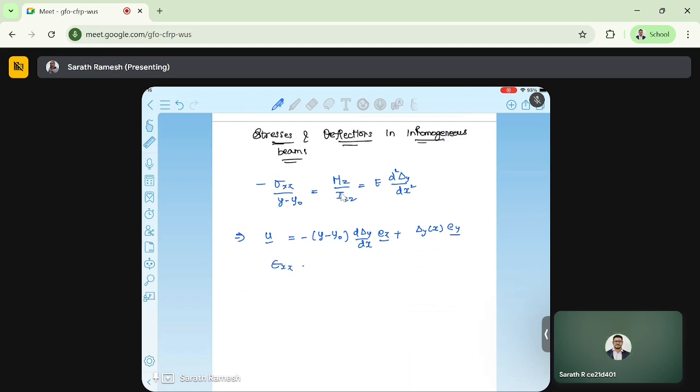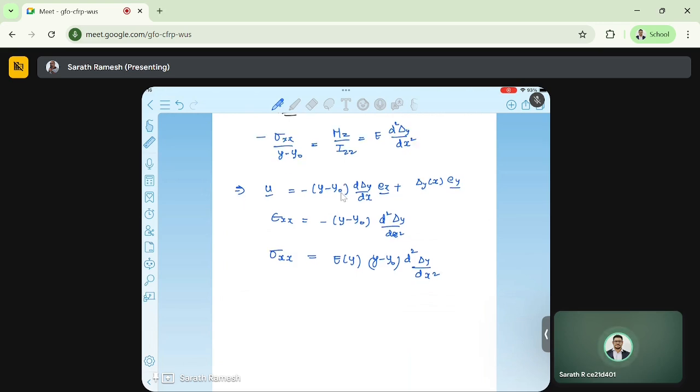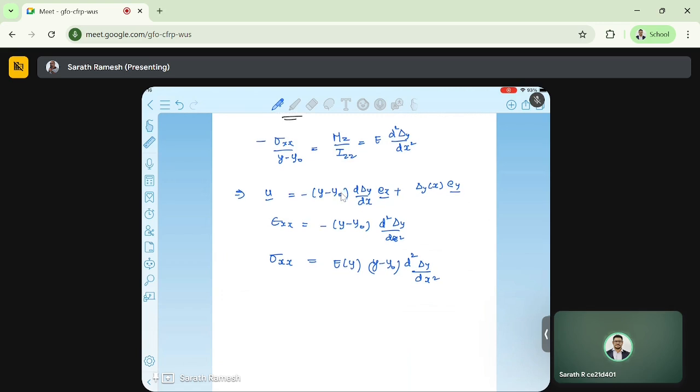Epsilon xx from the displacement field is minus y minus y naught d square delta y by dx square, and we can also find the stress using the constitutive relation, keeping E as E of y in this bending equation. The minus signs will get cancelled.